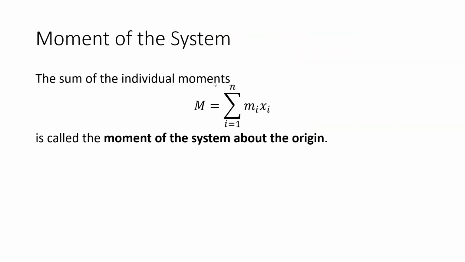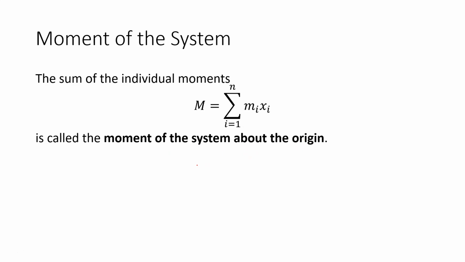So what we're calling the moment of the system is just the sum of the individual moments, mi xi. And in particular here we're saying the moment of the system about the origin.